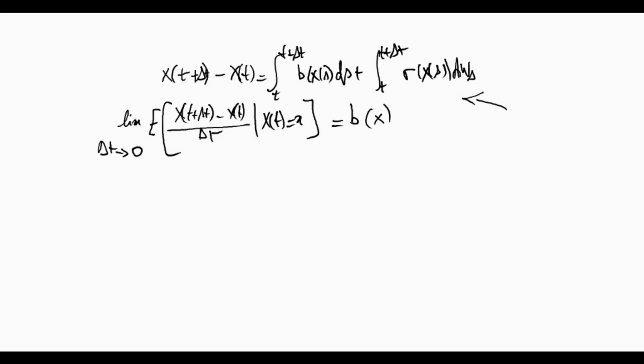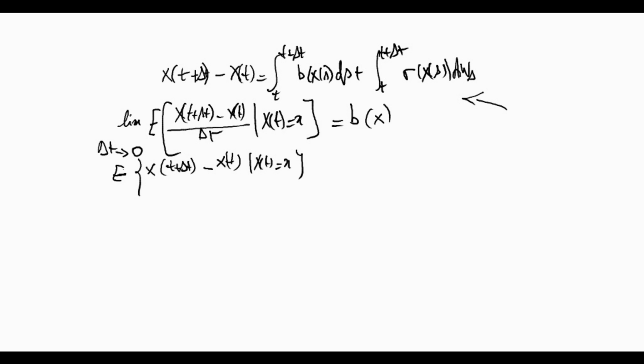Which means that for b of x we can now use the expression with the probability distribution function, which is the expectation of x of t plus delta t minus x of t, conditioned on x of t equals x.